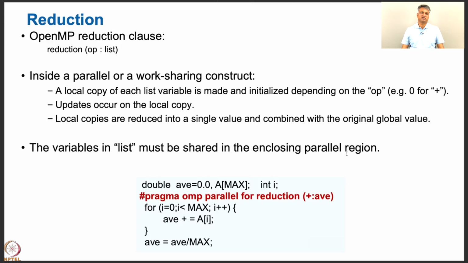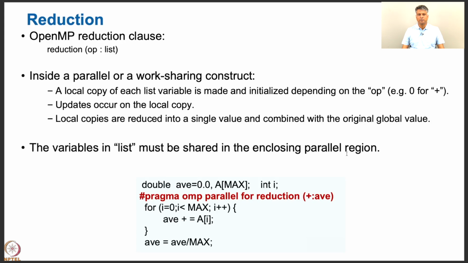So typically the reduction clause looks like this. You have a statement called reduction, and then you have the operation that you want to perform. The operation could be getting a sum, getting a min, getting a max, and so on, and then the variable list on which this operation needs to be performed. So what effectively happens inside the parallel work sharing construct?